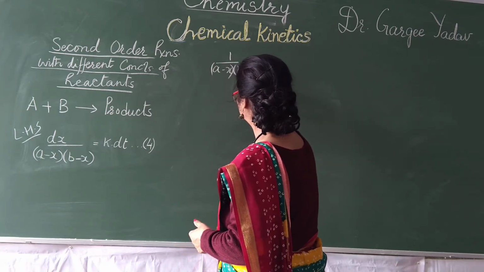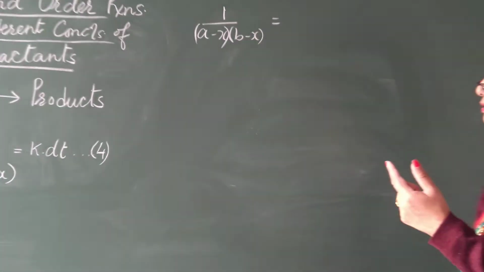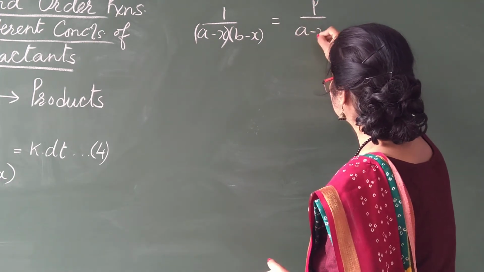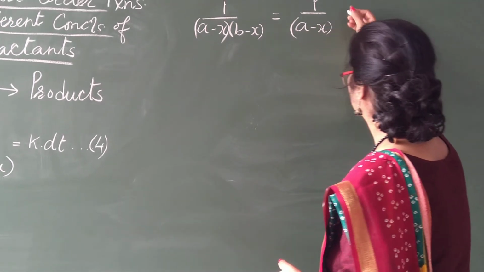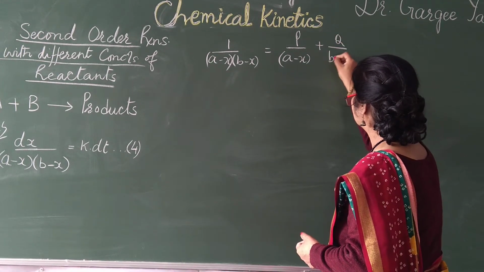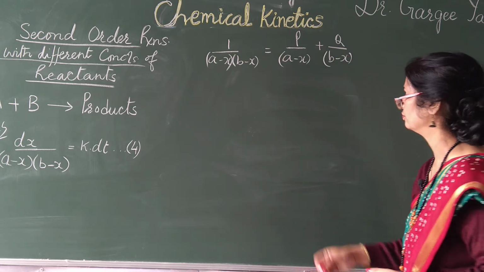First of all, we can write this in this form: P upon a minus x plus Q upon b minus x. And now we will first of all find the values of P and Q.